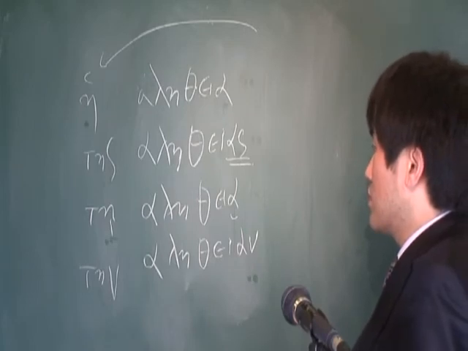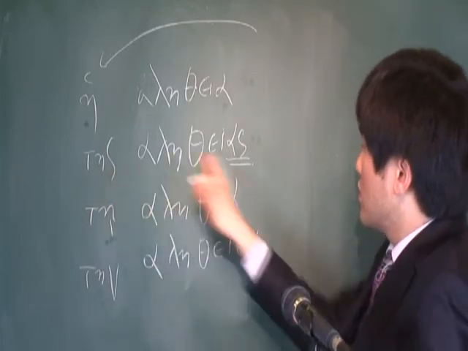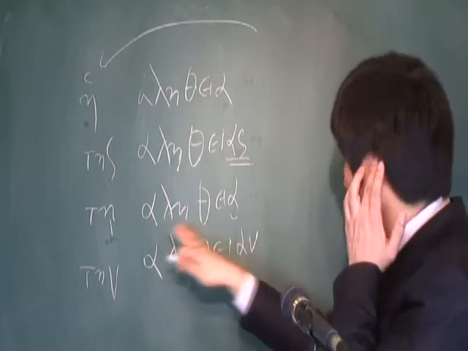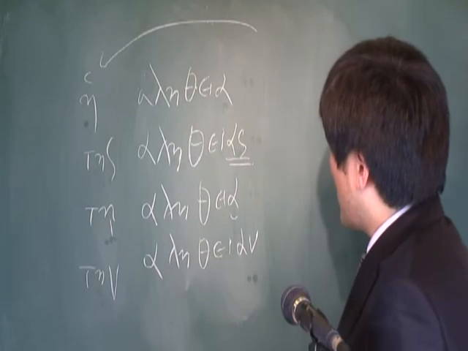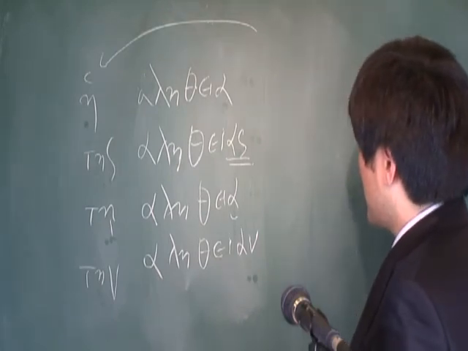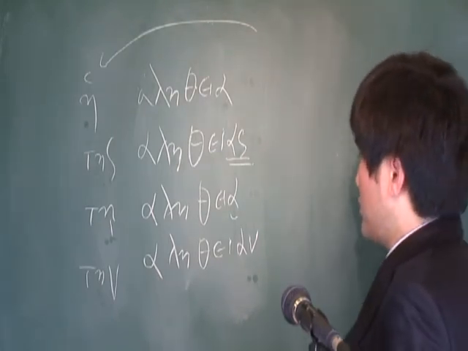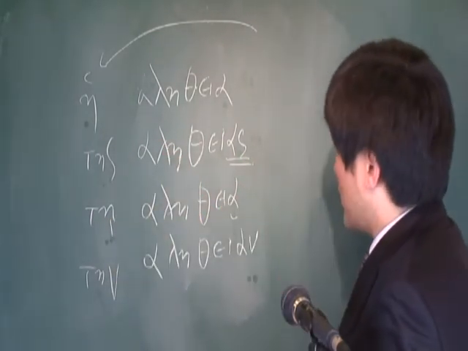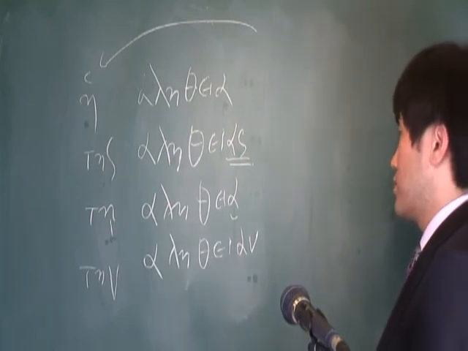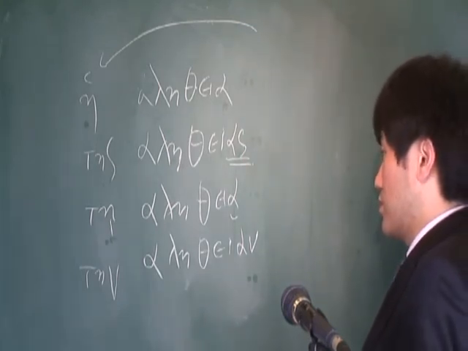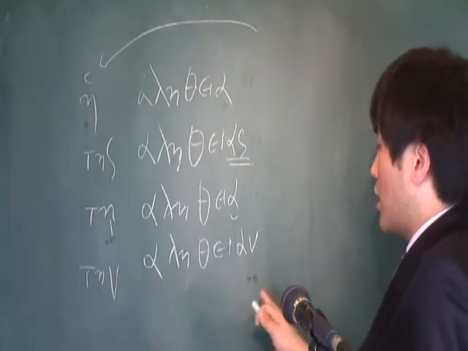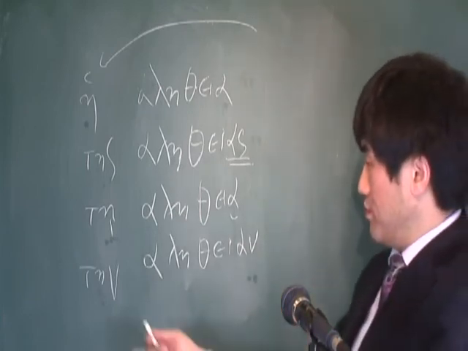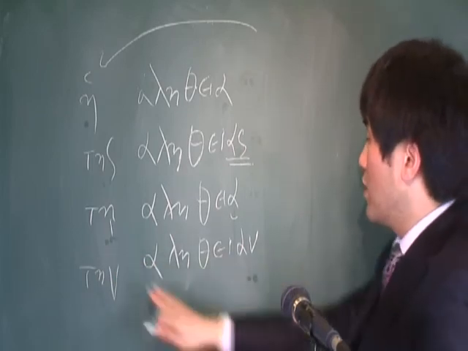When the definite article is added to the plural form, a is added to ta, ta dora. Likewise, the next forms would be ton doron, tois dorois, ta dora. In this way, the personal endings are added to ta.